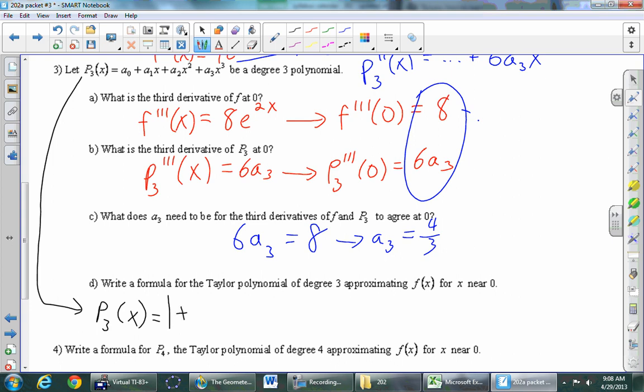It will always be 1 for this function. Plus a sub 1 x, that's 2x. Plus a sub 2 x squared is 2x squared. Plus the new part, a sub 3 x cubed, 4/3 x cubed.